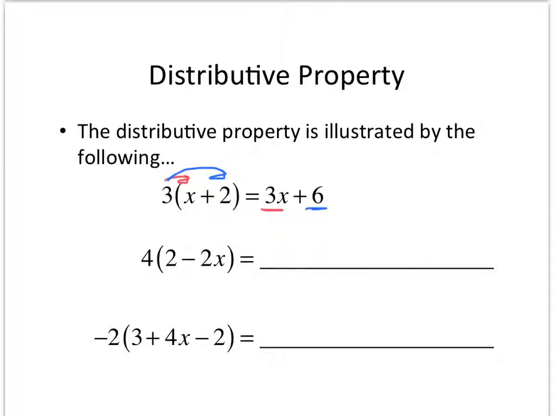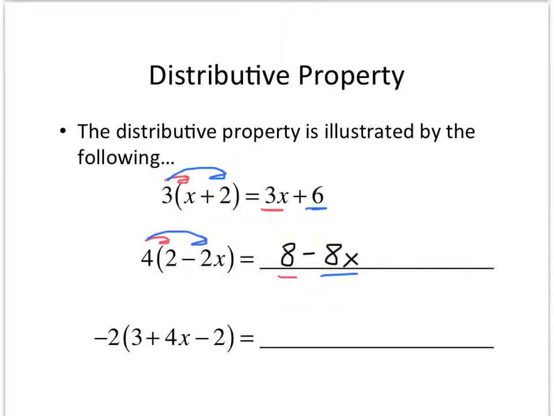The second one, I could use the distributive property. Do 4 times 2, which would give me 8. And then I could do 4 times negative 2x, which would give me negative 8x. And we see now that when I'm done this, I now have two separate terms, 8 and negative 8x, but neither of these are now combined underneath those parentheses, and now I'm just down to addition and subtraction.